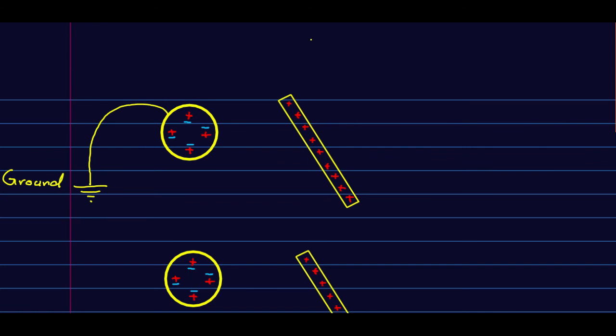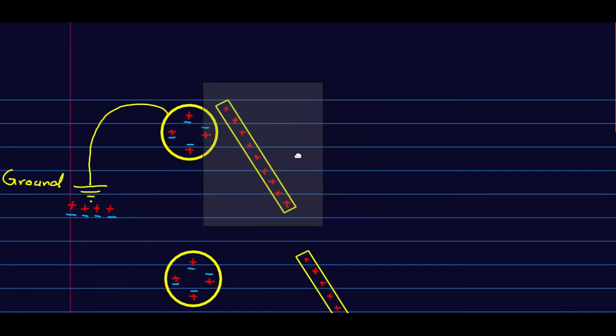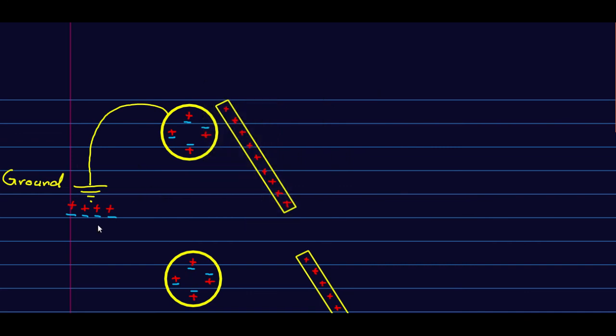And remember that what that means is that there's a large quantity of both positive and negative charge available to be shared with the ball. So when I bring the glass rod close to the ball, what happens is that some negative charge is attracted into the ball, and the ball becomes negatively charged.